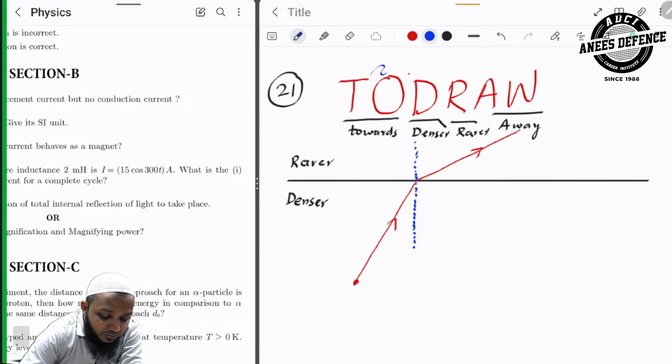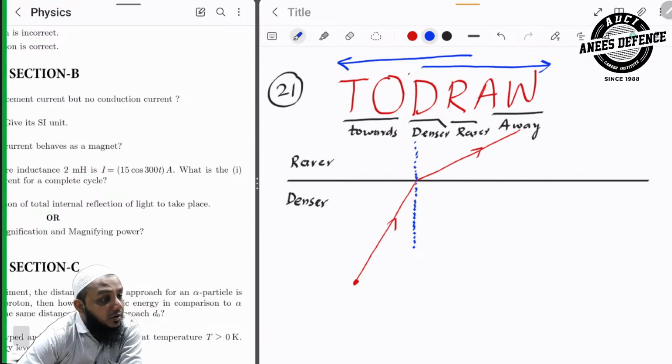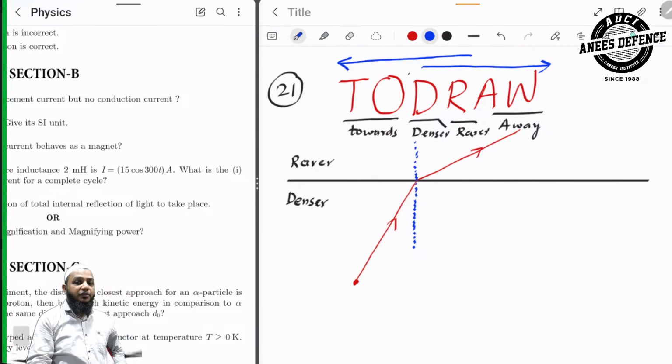Now when the light goes from denser to rarer, away from normal, and rarer to denser, towards the normal. That's how you can remember this. So here the light is going from denser to rarer, so the light bends away from the normal.